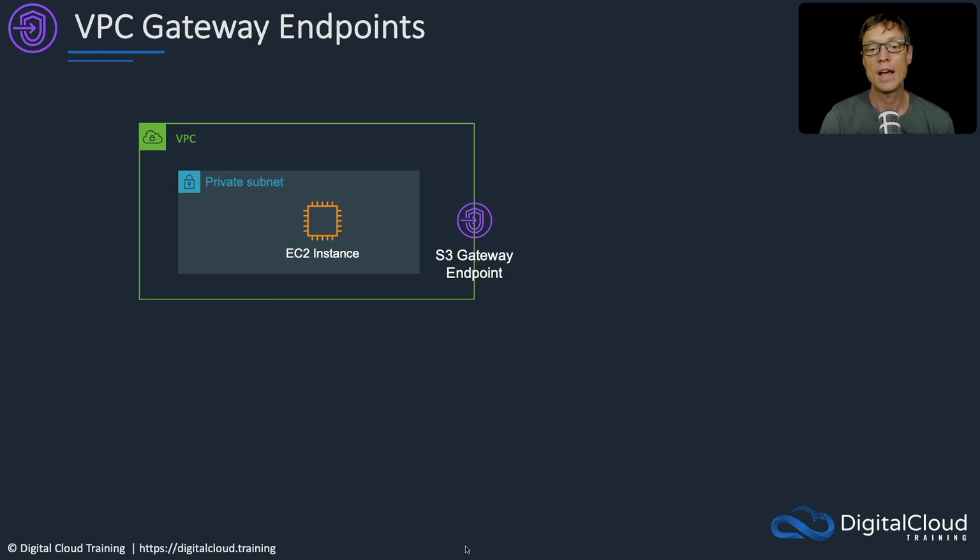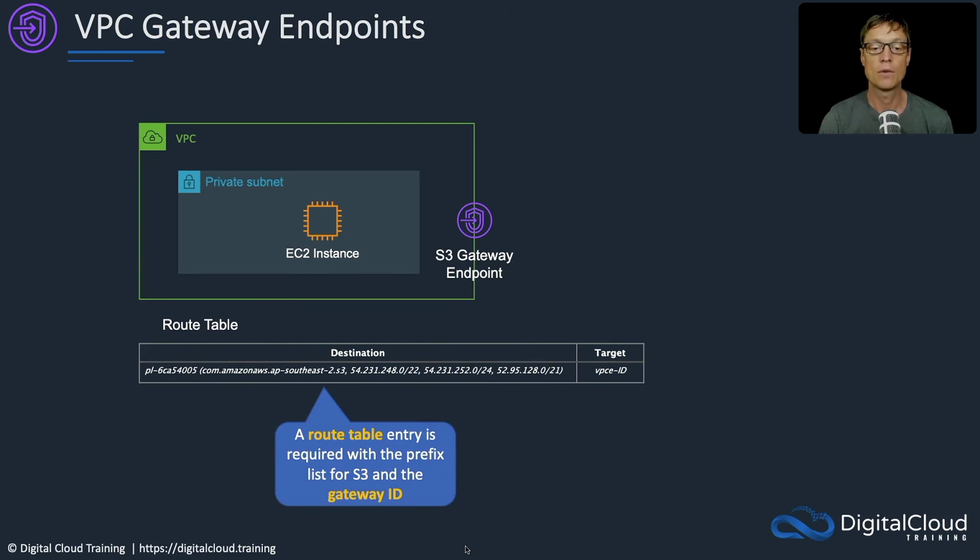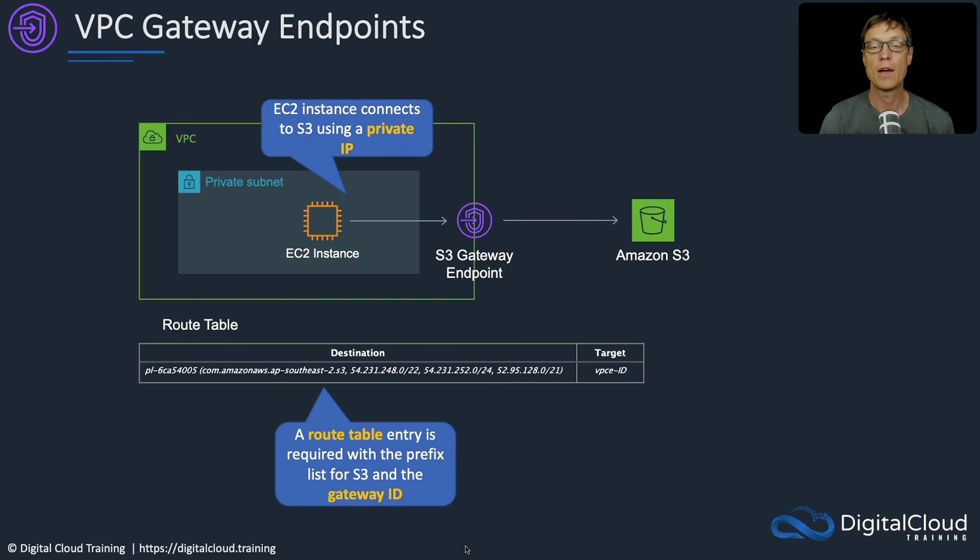So I could provision an S3 gateway endpoint. This is slightly different. It uses a route table entry. So we now have to put a route table entry to point our traffic to the S3 gateway endpoint. And that uses the prefix list for S3 and the gateway ID.